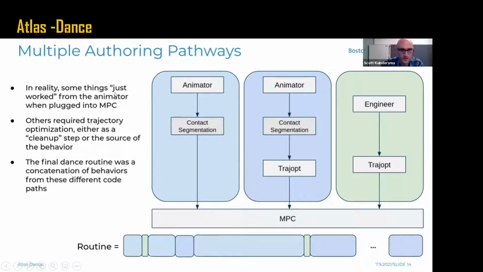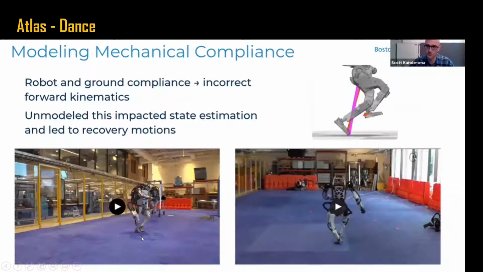In reality, some things just work from the animator when plugged directly into the model predictive controller. So this is directly from the animator after some contact segmentation, whereas others require trajectory optimization, either as a cleanup step or the source of the behavior. The final dance routine was a concatenation of behaviors, which is what we also talked about here.